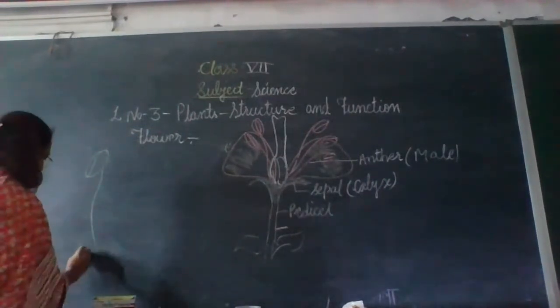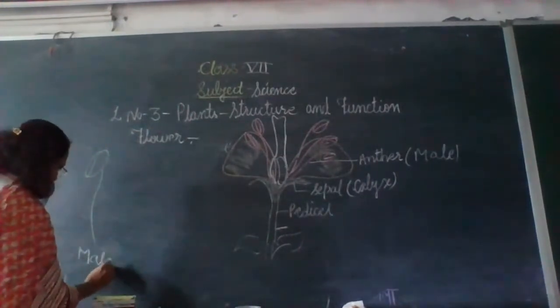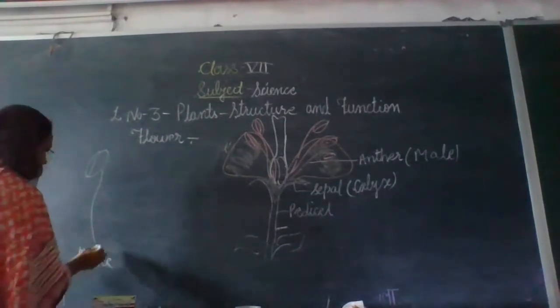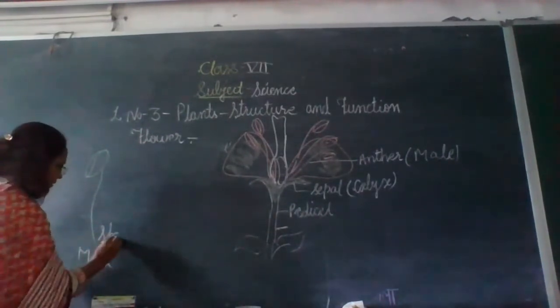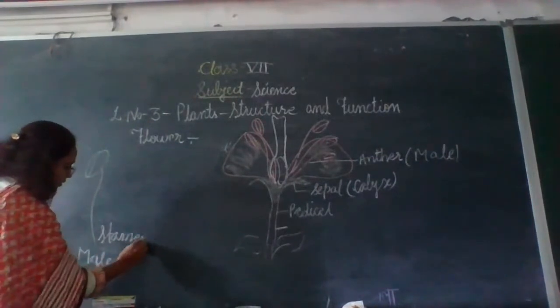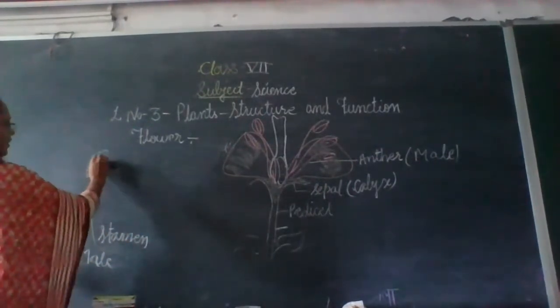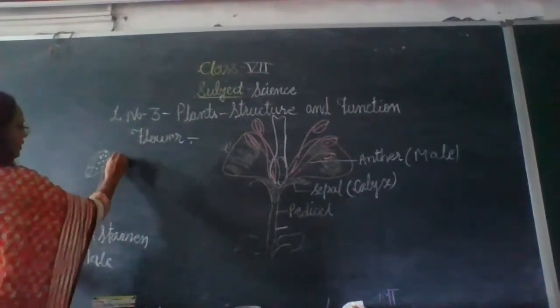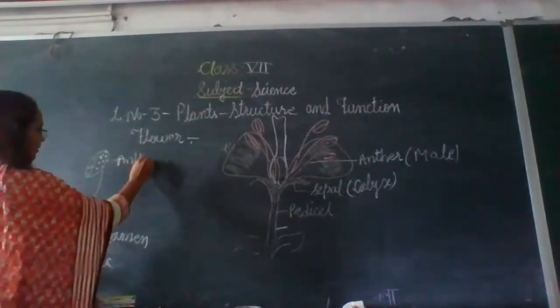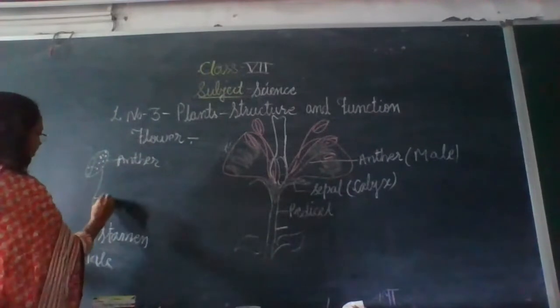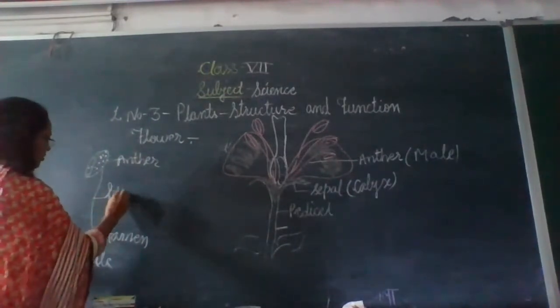It is the male reproductive part that we call the stamen. Various pollen grains are present here in the anther, and this is its filament.